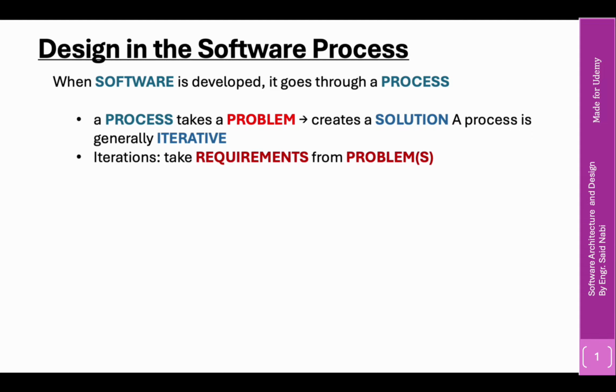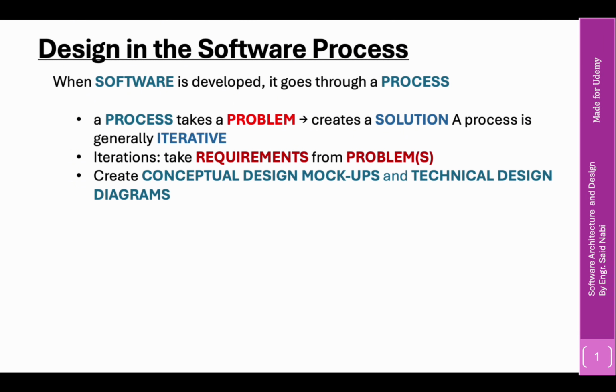So once we understand the requirements, we do not jump into coding directly. In fact, we design, and there are two types of design. One is conceptual design and the other is technical design.